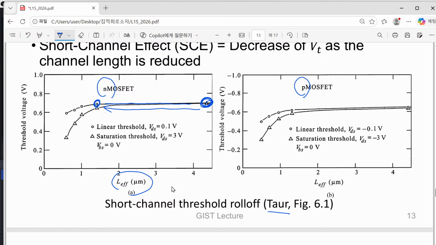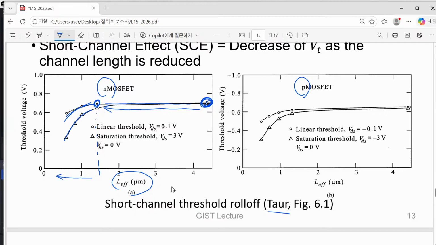However, point is, now beyond a certain position or point, if we further reduce our channel length, then there is a steep change in threshold voltage. So this is a well-known and proven behavior. When you make your transistor shorter and shorter, then now your transistor turned on earlier.